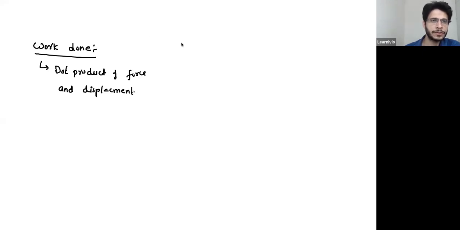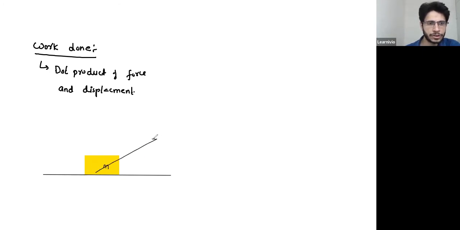So let's say you have this surface. Over the surface, I placed a body of mass m. I applied a force F in this direction, and the body gets displaced from here to here.